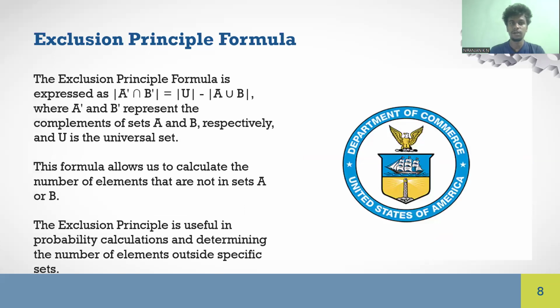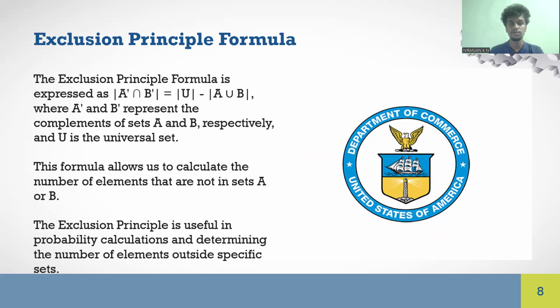So the formula goes like this. The exclusion principle formula is expressed as modulus of A dash intersection B dash is equal to modulus of universal set minus modulus of A union B, where A dash and B dash represent the complements of sets A and B respectively, and U is the universal set as I told earlier.